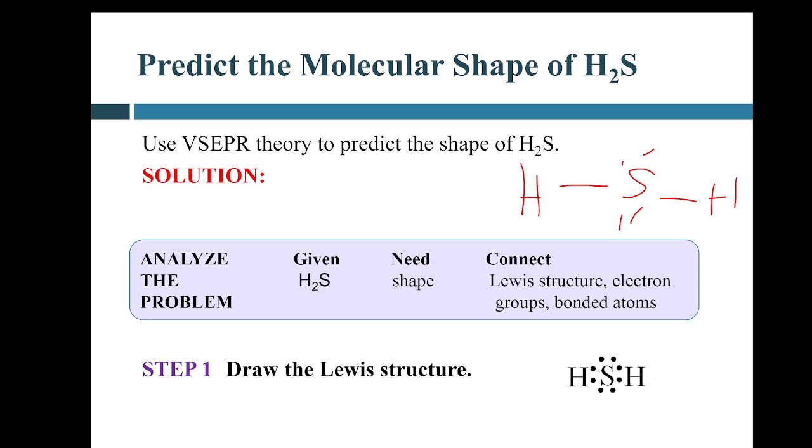So the electron geometry is tetrahedral. That's everything, right? That's the 4 domains total. Now we take away those 2 domains that were the lone pairs. That one's going to be the molecular geometry, which is bent. You got it.